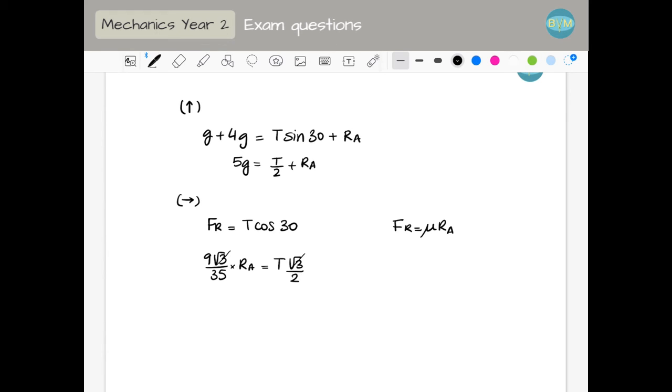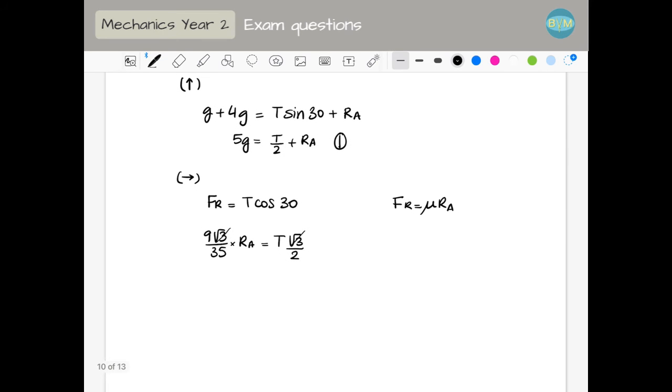So we have this equation, and I want to find t. So it's simultaneous equations, really. It's number 1 and number 2. If I want to find t, what I can do is make Ra the subject here or here and substitute in the other one.